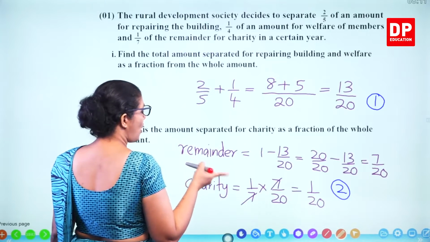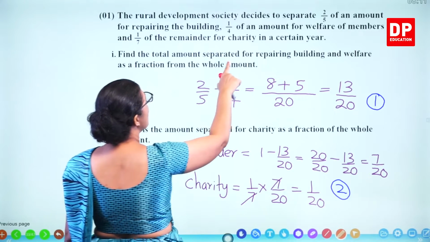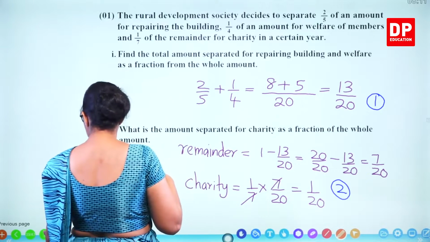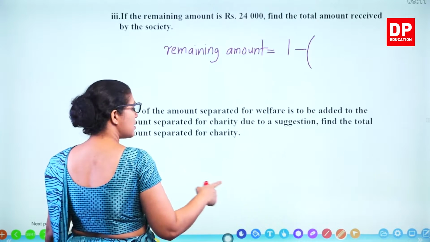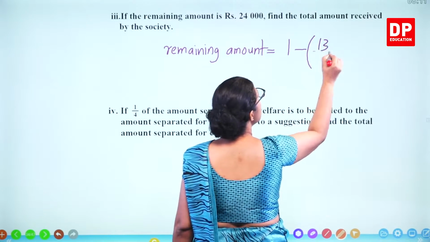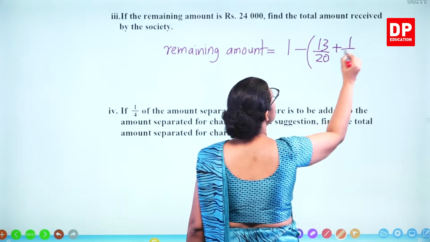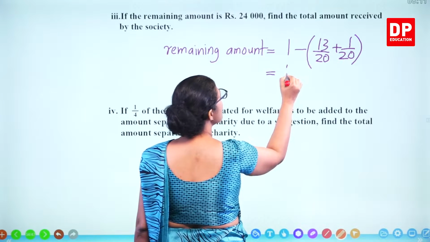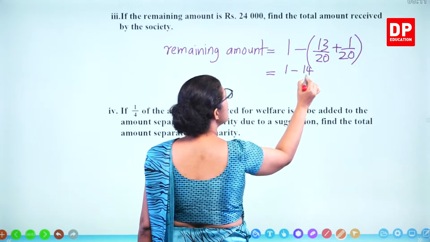Spend for charity 1 over 20, and for repairing building and welfare 13 over 20. So 13 over 20 and 1 over 20 we need to subtract to get the remaining part. So 1 minus 14 over 20.